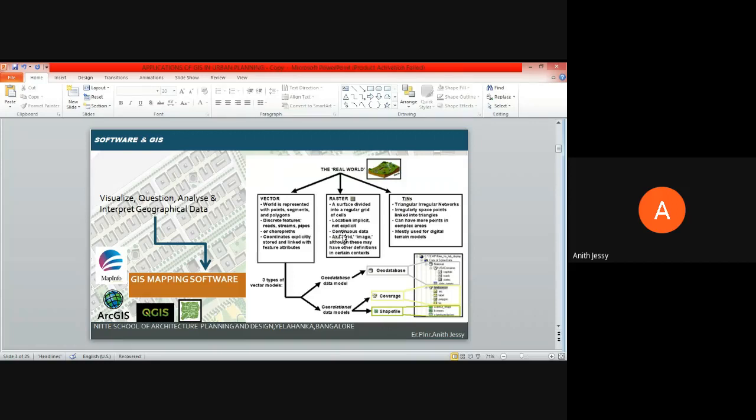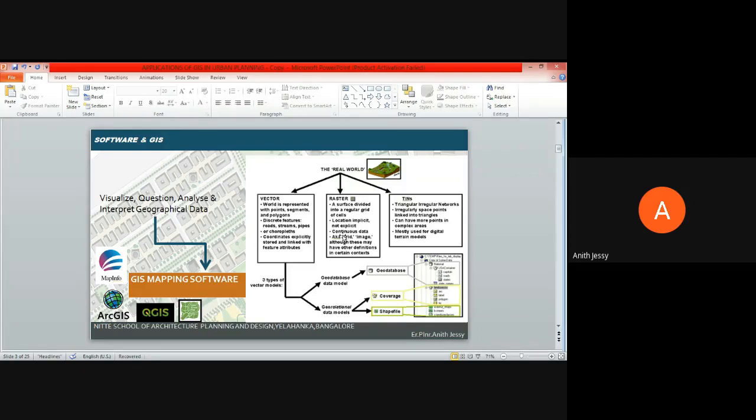GIS gathers the information, stores it, organizes it, and also helps in digitizing it. In order to visualize all the performance of GIS, we need mapping software. Whatever uses GIS as a basic source of information for mapping is called GIS mapping software. There are n number of mapping software available which anybody can use, and a few of them are paid versions and the rest are unpaid versions.